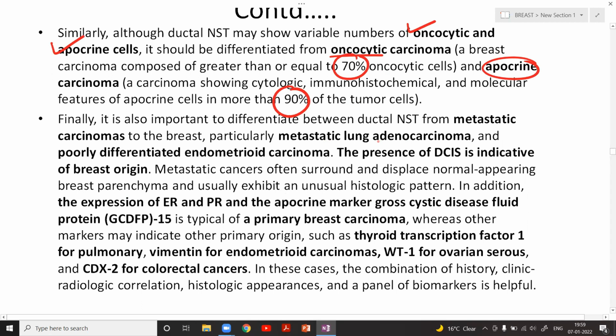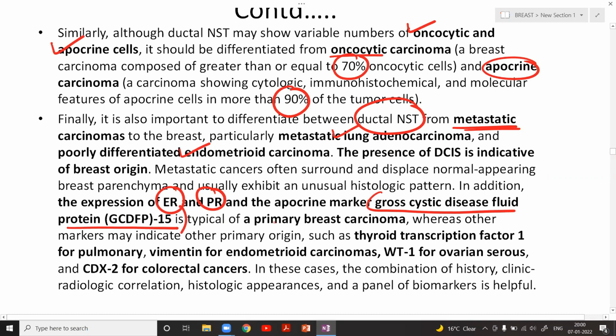Now, one other important feature: how do you differentiate between a ductal carcinoma NST, meaning an infiltrative ductal carcinoma, and a metastatic carcinoma in the breast? Breast carcinoma arises from a duct, so it is basically one type of adenocarcinoma. There might be a metastatic lung adenocarcinoma or a poorly differentiated endometrioid carcinoma. So how do you differentiate? Very important: breast carcinomas are ER/PR positive, but most importantly they are positive for GCDFP15, that is gross cystic disease fluid protein 15.